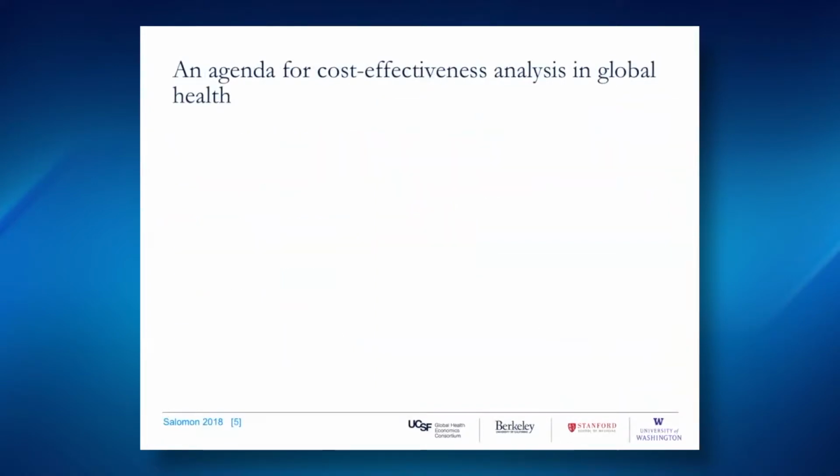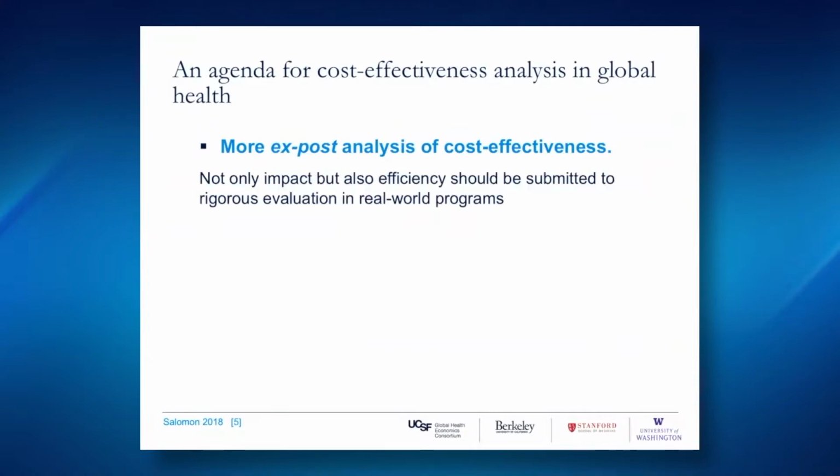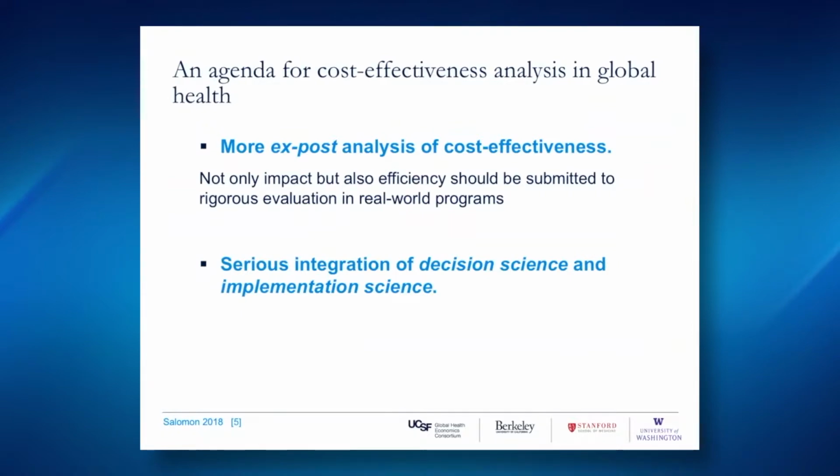And so I think these 2 points really bring us to 2 key agenda items for the field. First, we need much more ex post analysis of cost effectiveness to add to the typically ex ante model-based analyses. And second, I think it's time for us to really get serious about integrating decision science with implementation science.